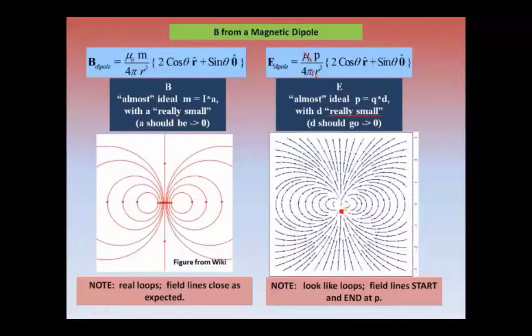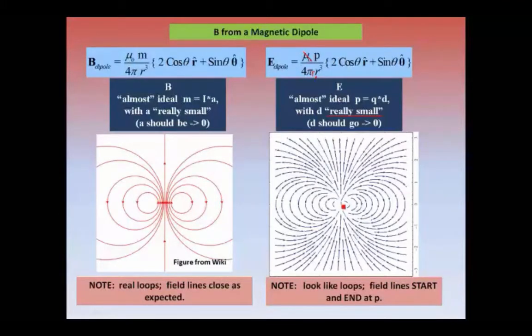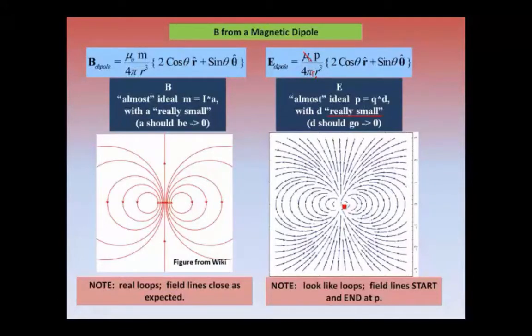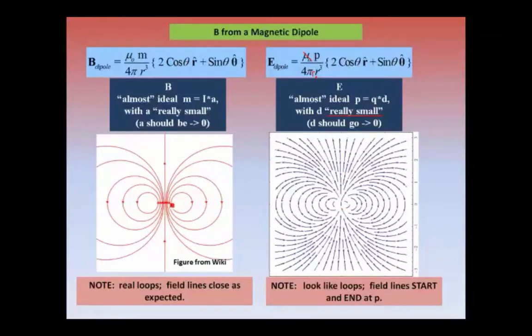What it looks like are loops, but realize that for a real dipole, these would be coming in to the plus and minus charges that are infinitesimally apart. They do end at the position of this dipole, and they start there also. So that's the difference between the electric field case of a dipole versus a magnetic case, which we show here.